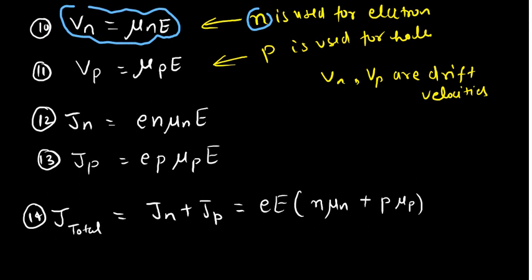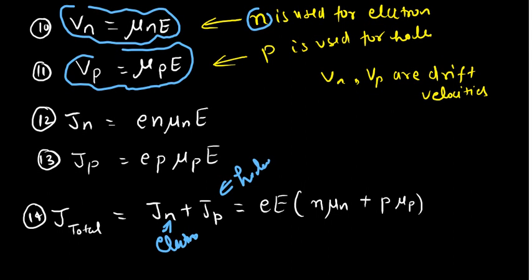Similarly, Vp, the drift velocity for hole, will be given by mu p into E. So current density for electron will be Jn equal to e into n into mu n into E. Similarly, for holes, it will be e into p into mu p into E. The total current density will be Jn for electrons plus Jp for holes, that is charge into electric field into number density times mobility of electrons plus mobility of holes into number density of holes.